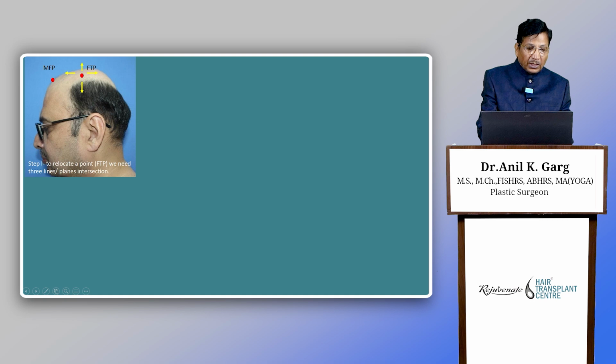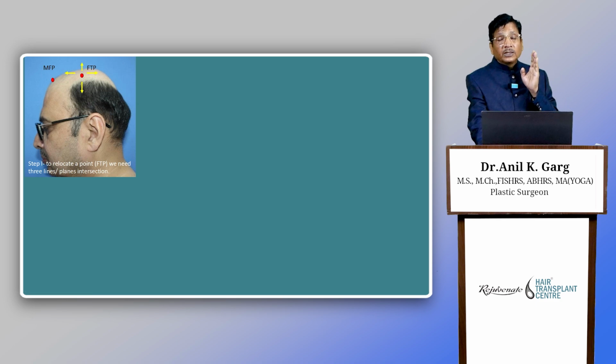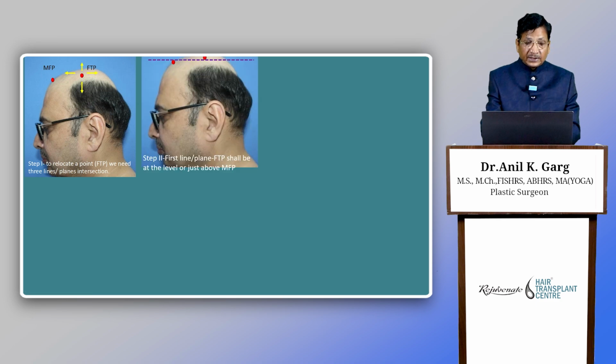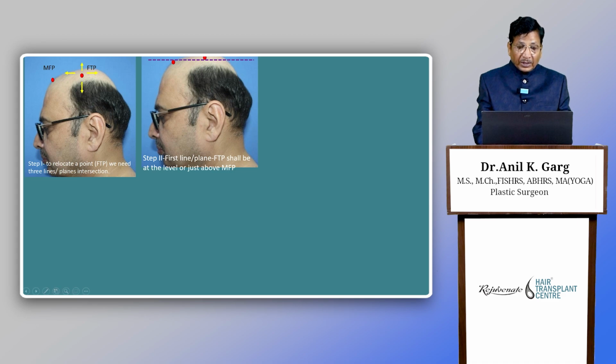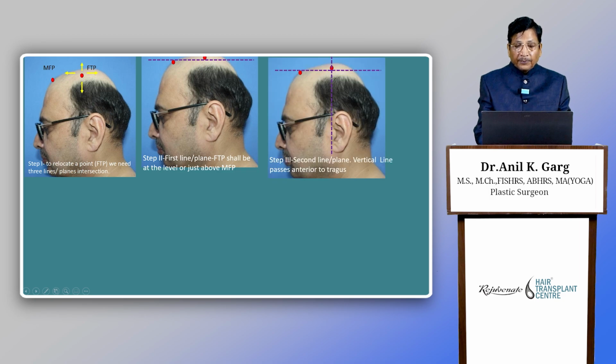Step 1 is to relocate a point. We need 3 lines or 3 planes because we are relocating a point in 3 dimensions, and for 3 dimensions you need 3 lines to intersect. The first plane is that the FTP should be at the level of or just above the midfrontal point, as I am showing here. Then the second plane is a vertical line that passes anterior to the tragus, as it has a higher grade of baldness with limited supply.